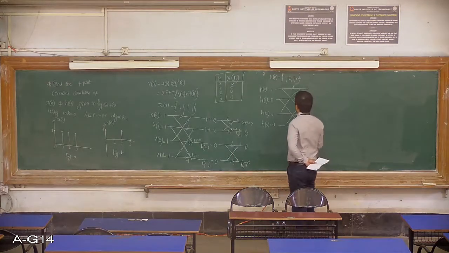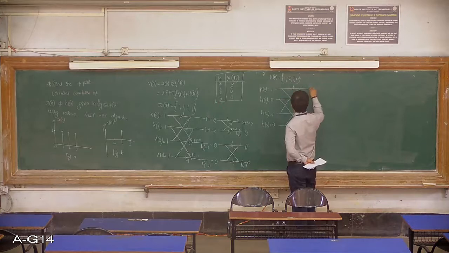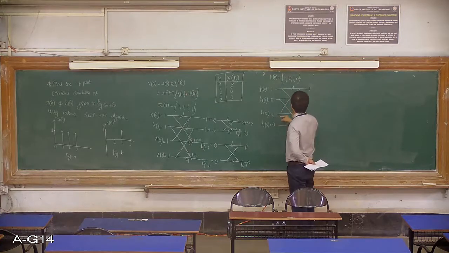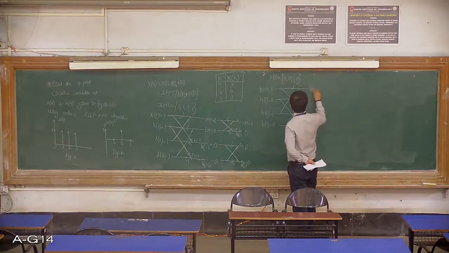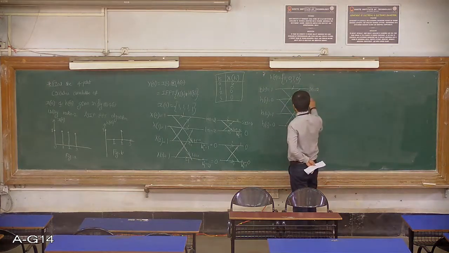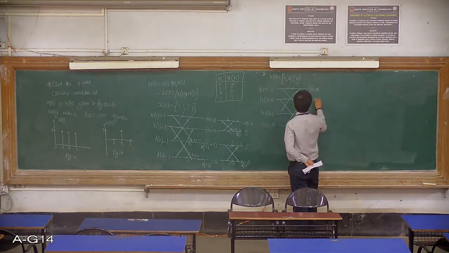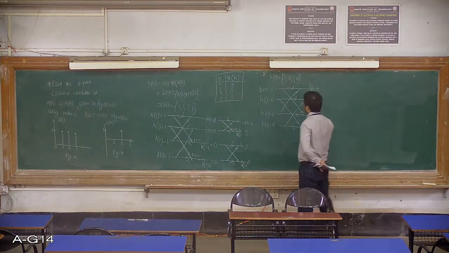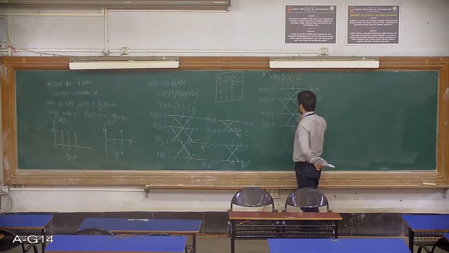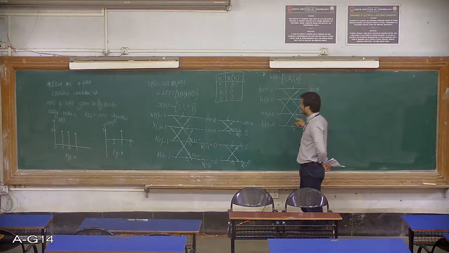1 into 1, 1. So this point is connected from here. So 1 plus 1 will get 2. The next one, 0 into 1, 0, and 0. So here we'll get 0. The next one is connected from here, so here it is 1. 1 into -1 is -1.